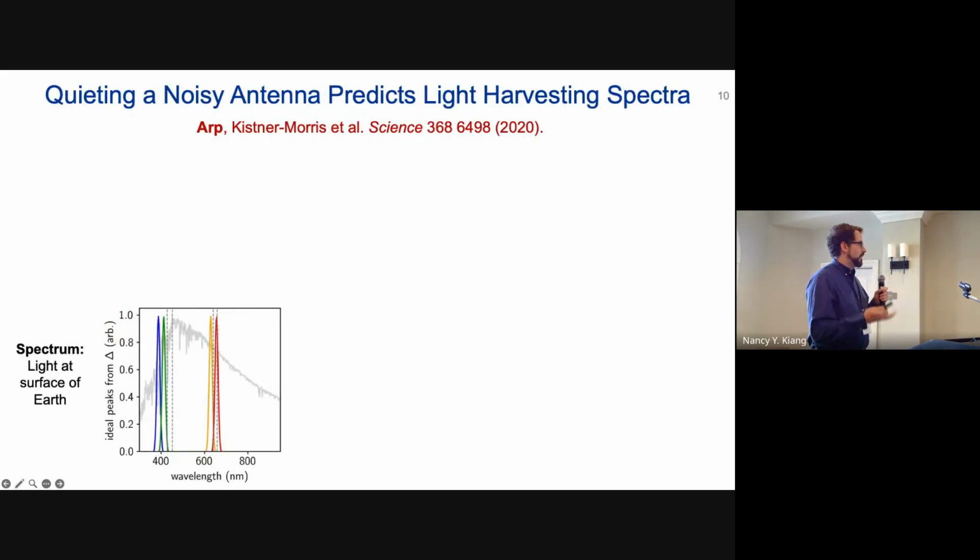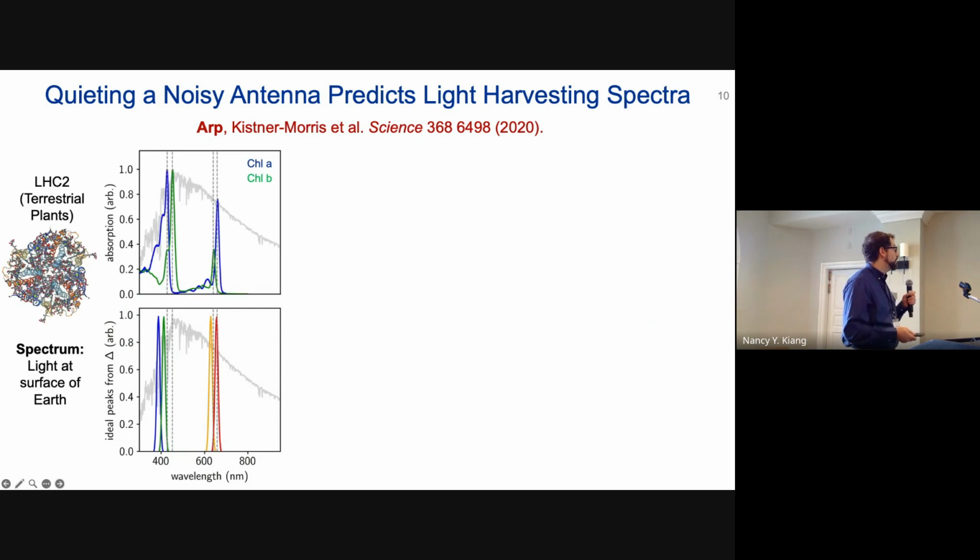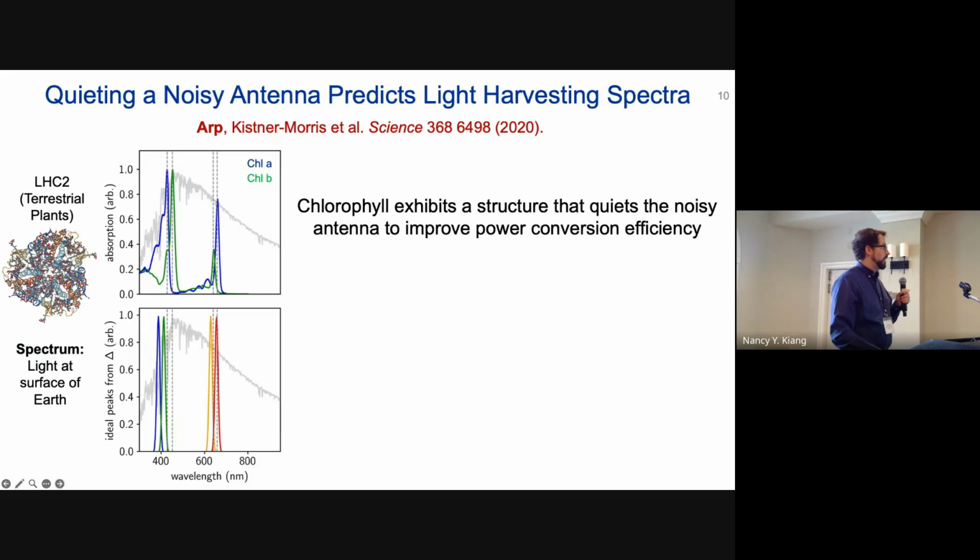And if I then take this prediction and compare it to what chlorophyll A and B actually do, we see that it corresponds pretty well. You have pigments with the right bandwidth absorbing at the right position in the spectrum. And this is saying that the chlorophyll is exhibiting a structure that improves its efficiency by quieting the noisy antenna.